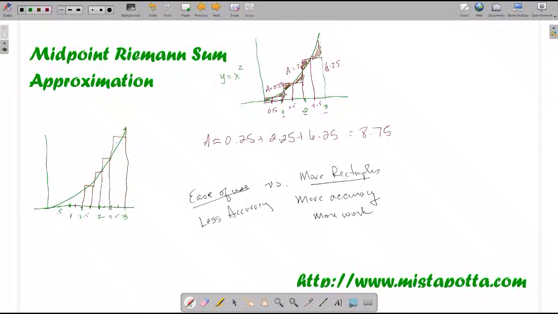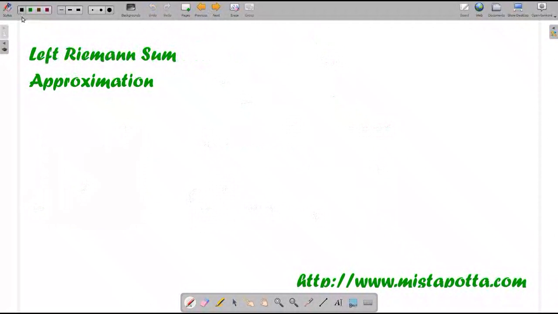So I wanted to do one more function using a left sum, a right sum, and a midpoint sum. Let's say I've got y equals radical 9 minus x squared.